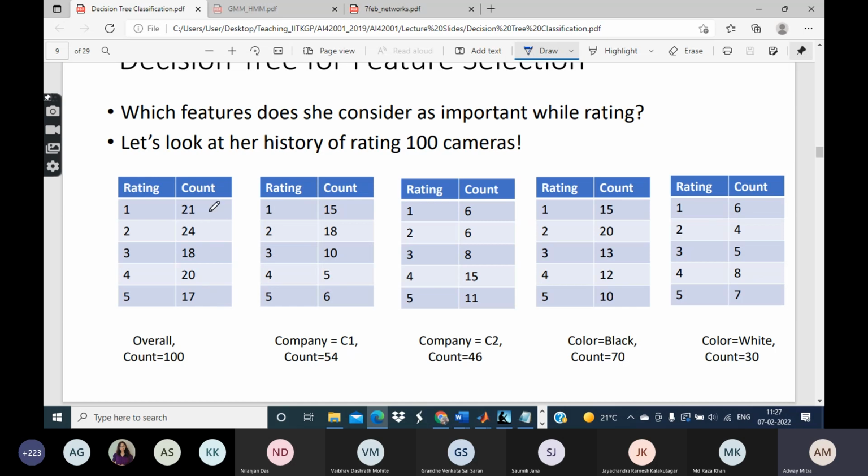It's not 20 each, but it's nearly 20 each. So we cannot really say anything about her inherent rating bias. No such bias seems to exist. So there is no information to be gained from here.